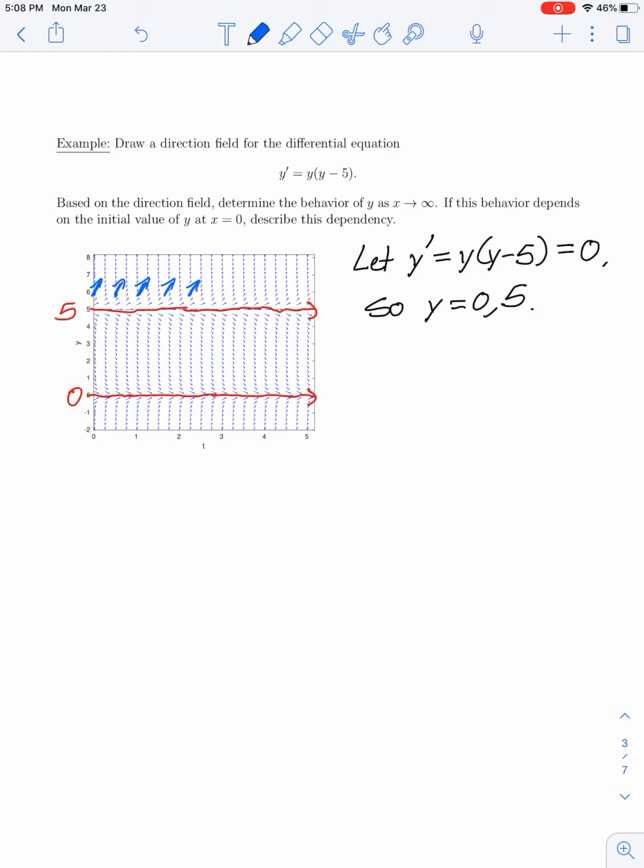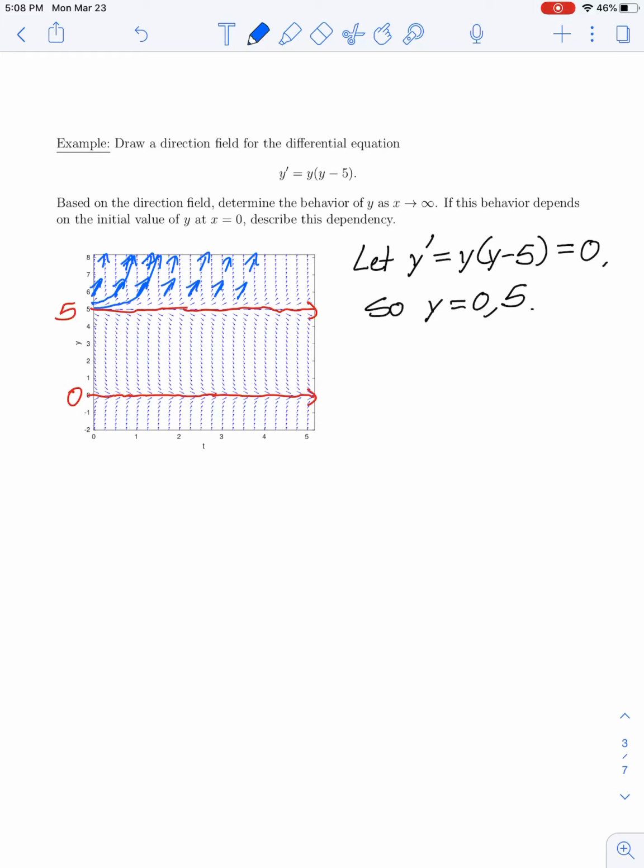And we see from our expression for y prime that the larger we make y, we get very large positive slopes for our tangent line right away. So it looks like for solutions that start with an initial condition greater than 5, they're going to be diverging pretty rapidly towards positive infinity.